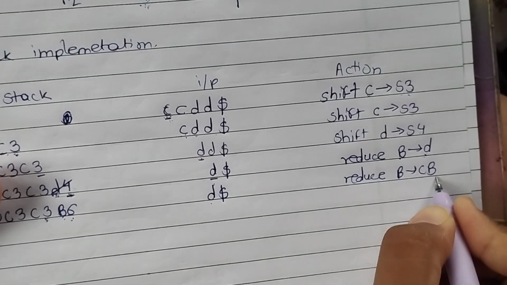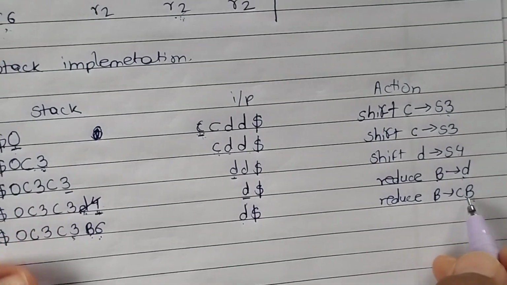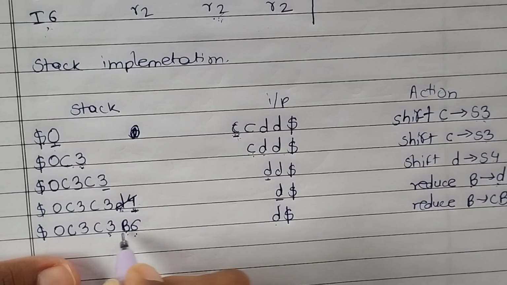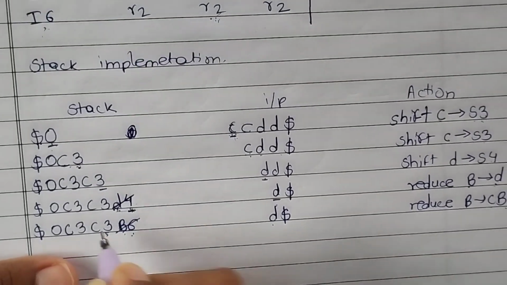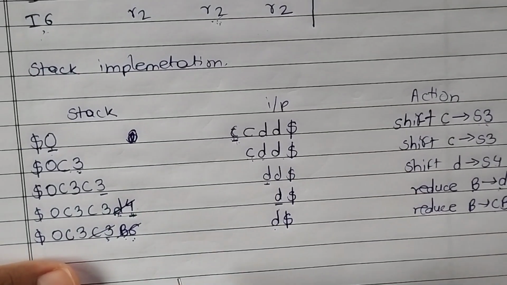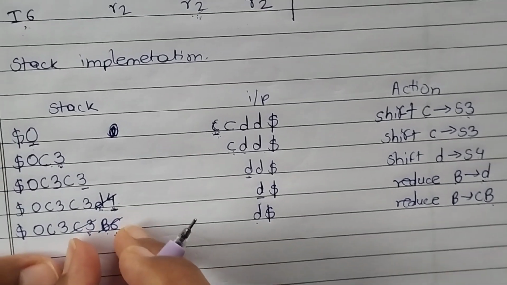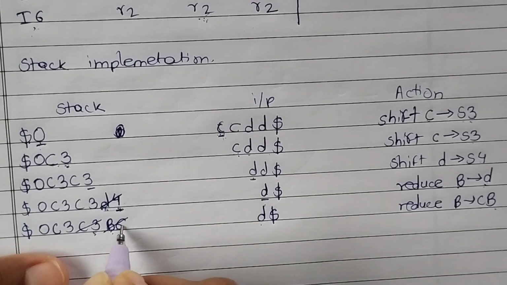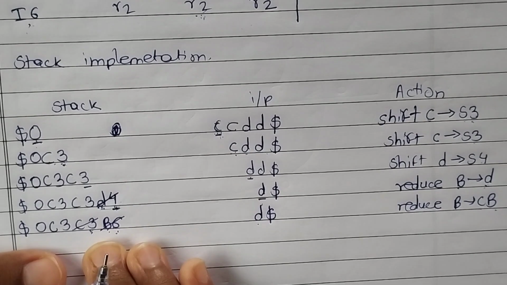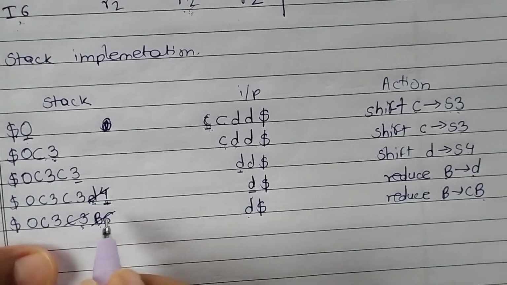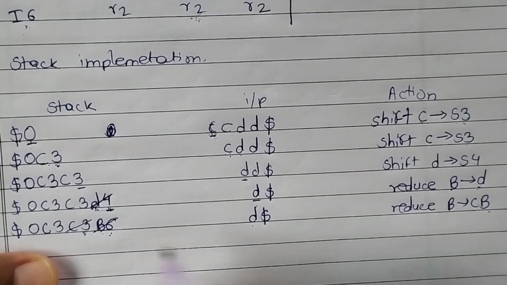Now here we want to reduce 2 characters. How do we reduce? One number and one character means one variable. So these 2 variables we reduce, 1 and 2, a total of 4 symbols.